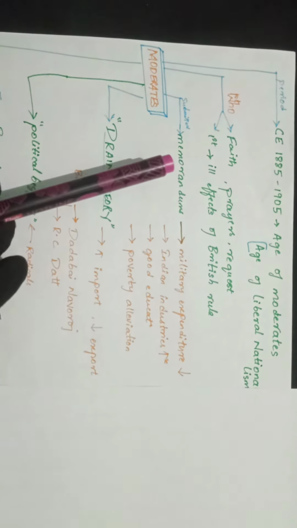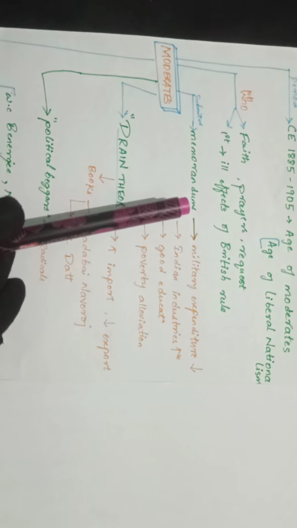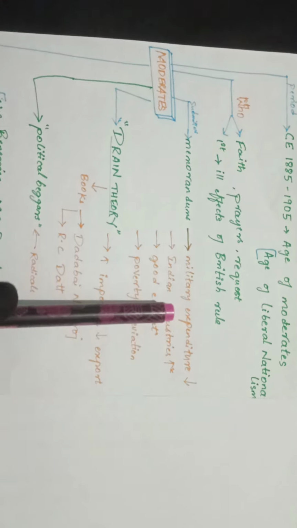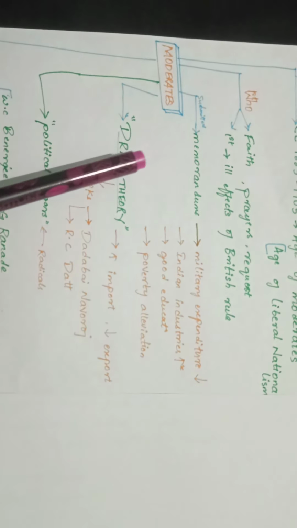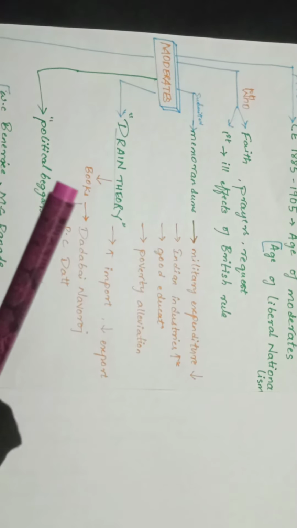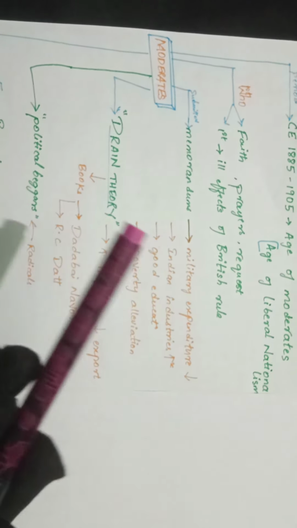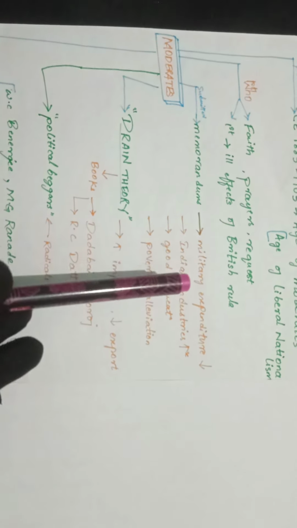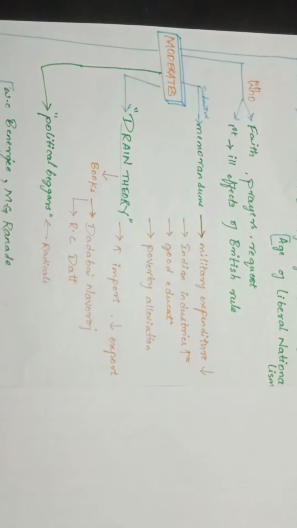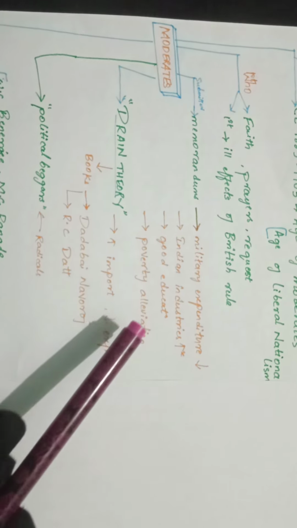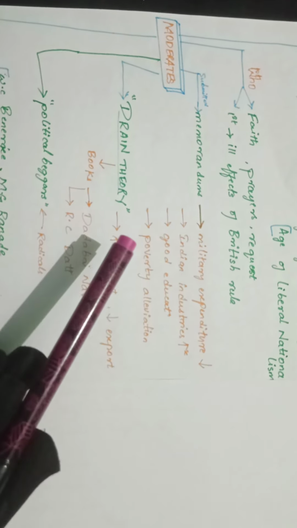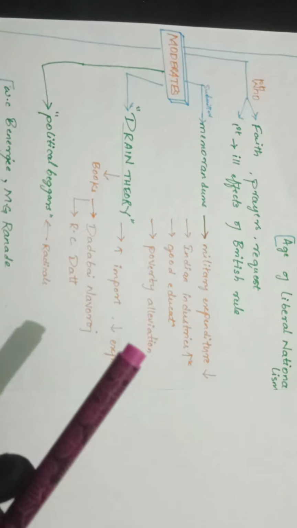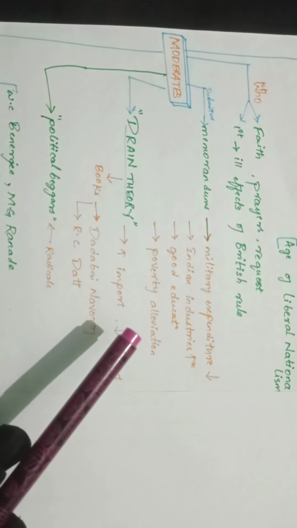They were the first ones who recognized the ill effects of British rule. It is mentioned in NCERT. They used to submit memorandums, meaning written messages, that included decreasing military expenditure, developing Indian industries, good education, and poverty alleviation.